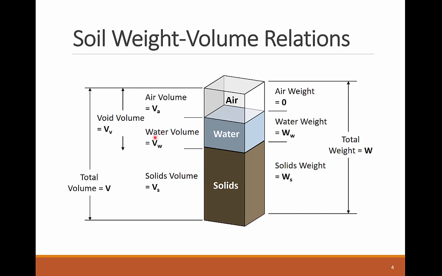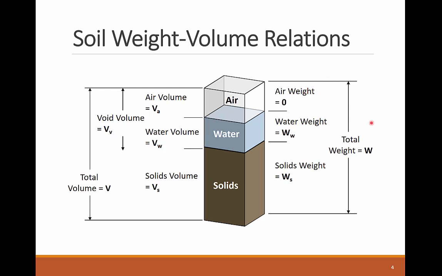In the dry case, the water volume will equal 0 and the void's volume will be completely filled with air, or VV will be equal to VA. In completely saturated soils, all voids are filled with water, or VV will equal VW.